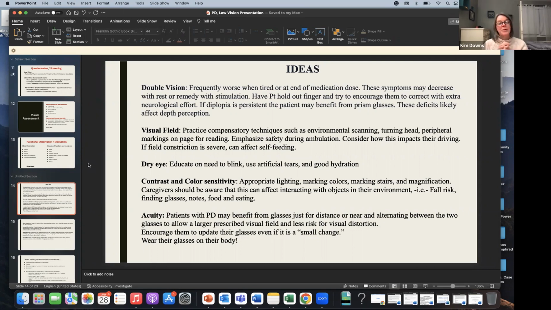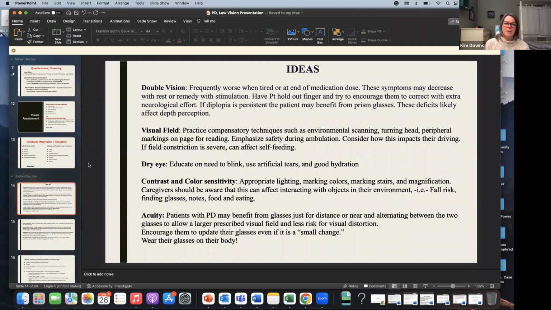I don't really like how I wrote that, but anyway, people with Parkinson's disease that are experiencing changes in visual acuity often, when they go to the doctor, like many of our other low vision patients, the doctors will say, well, I don't really know if updating your glasses will help you. So maybe I'm going to save you that money.